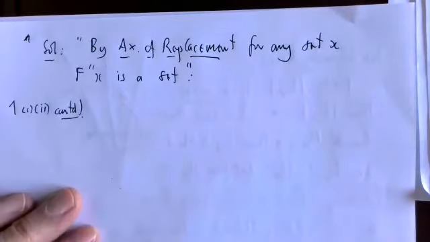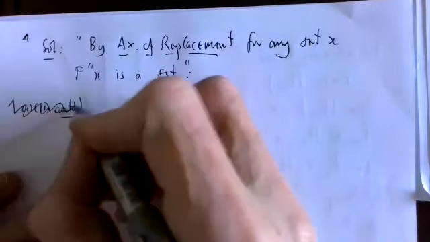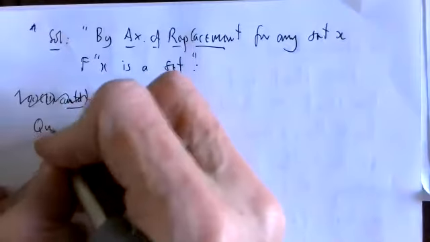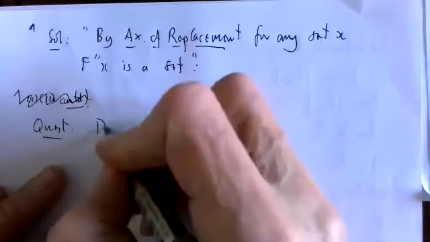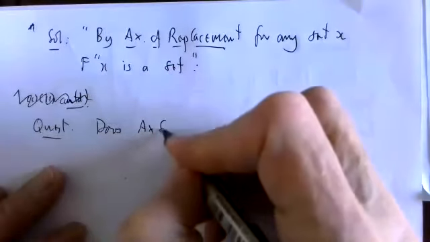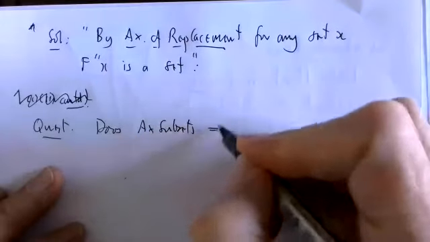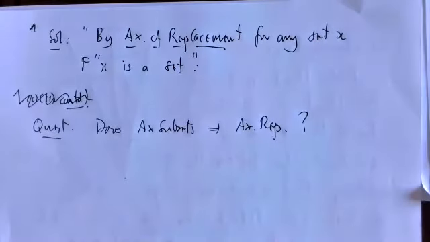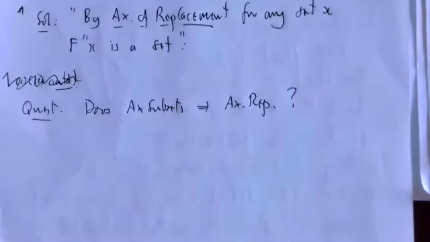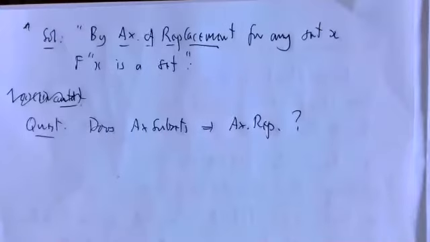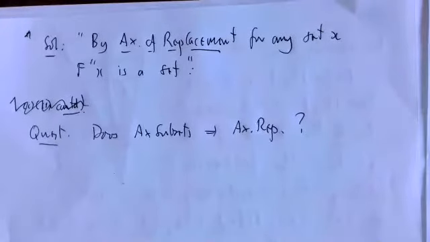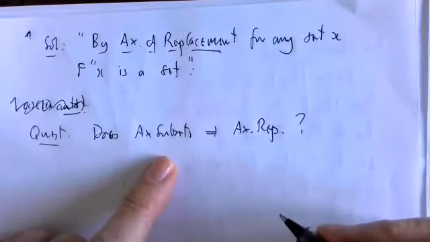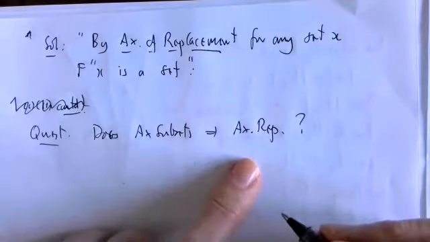Or is there something I'm missing? Okay, let's put this on hold for a moment. Does the axiom of subsets imply the axiom of replacement? Is the question. Well, the answer is no. We do need a separate axiom to say this.